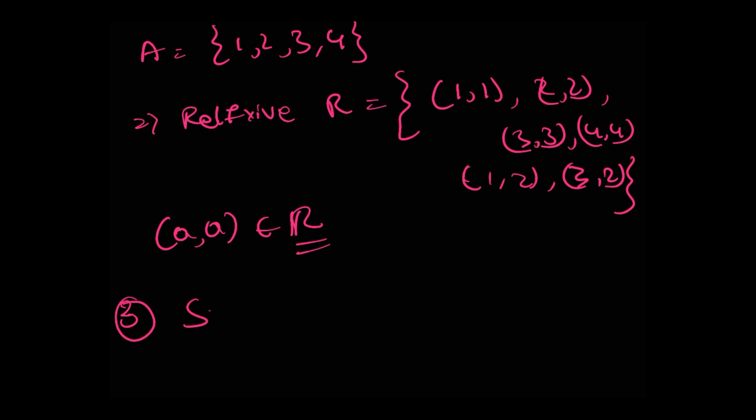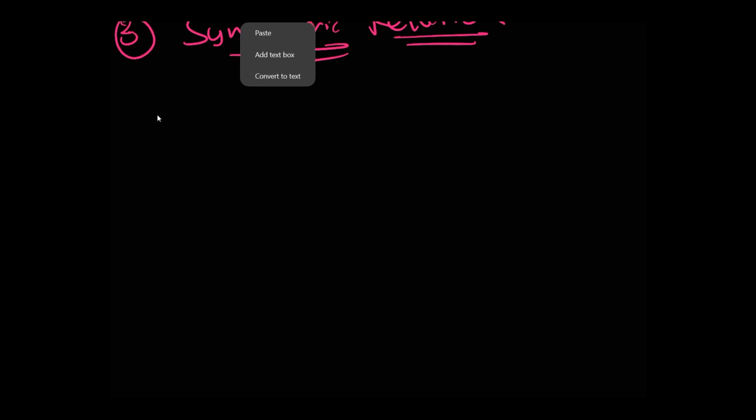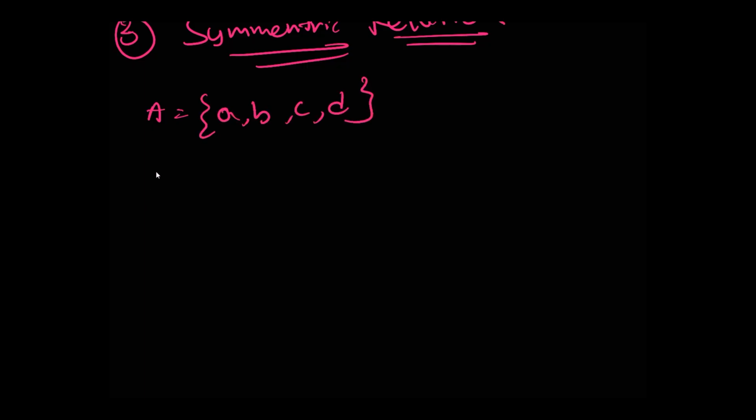Third is called symmetric relation. A symmetric relation is such that if A contains a, b, c, d as a set, if the relation contains (a, b), then it must also contain (b, a).